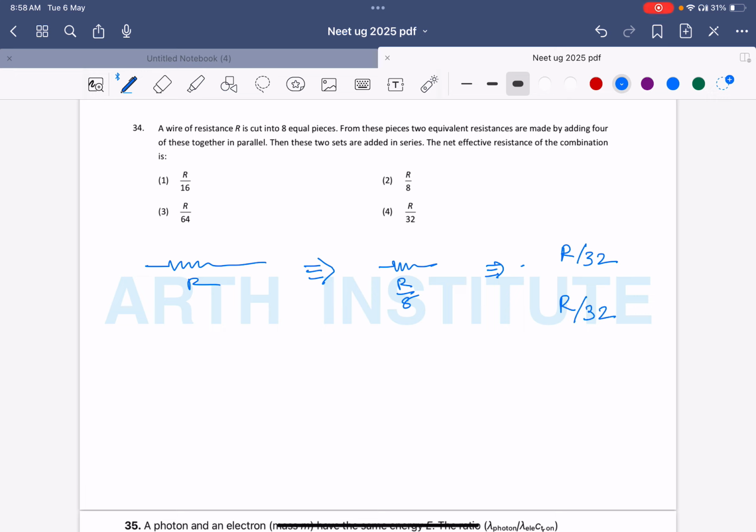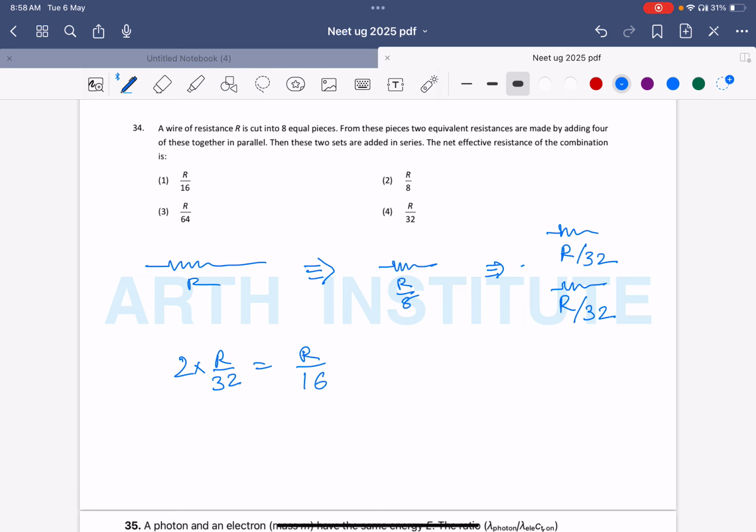So that will also be R by 32. And these two are connected in series. So the R by 32 into 2. So the correct answer will be R by 16.